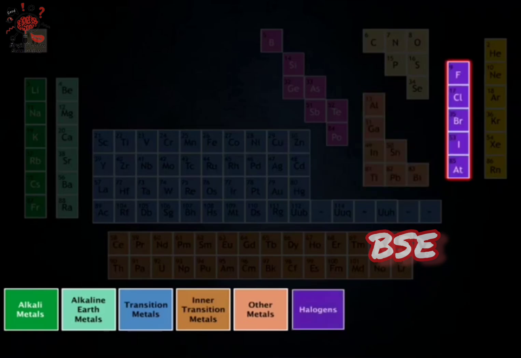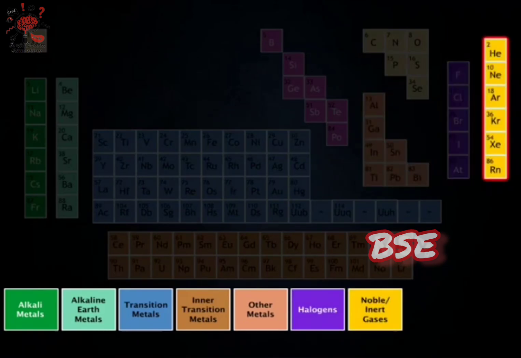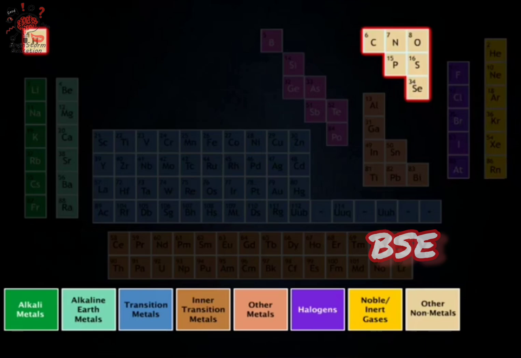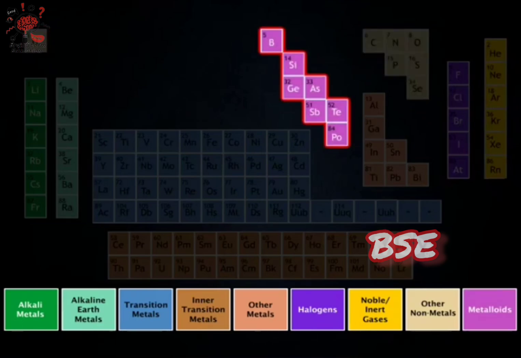Nonmetals are classified into halogens, inert gases, and other nonmetals. We have metalloids that have both metallic and nonmetallic characters. Examples: silicon, germanium, astatine, antimony, and polonium.